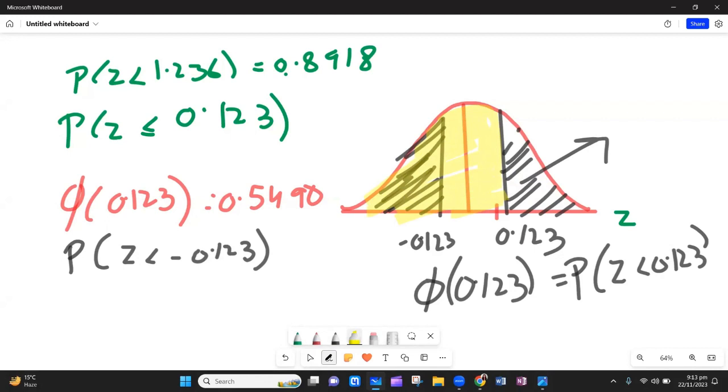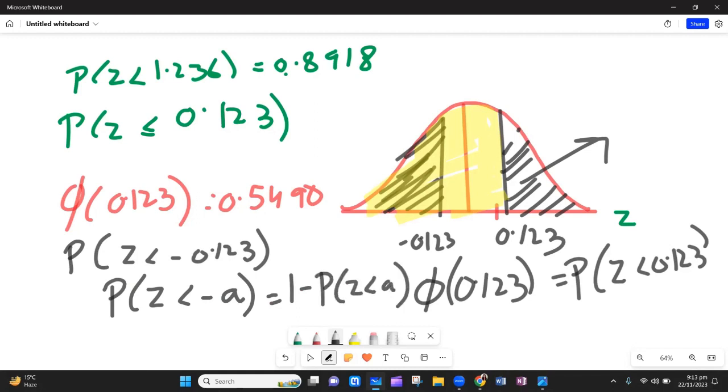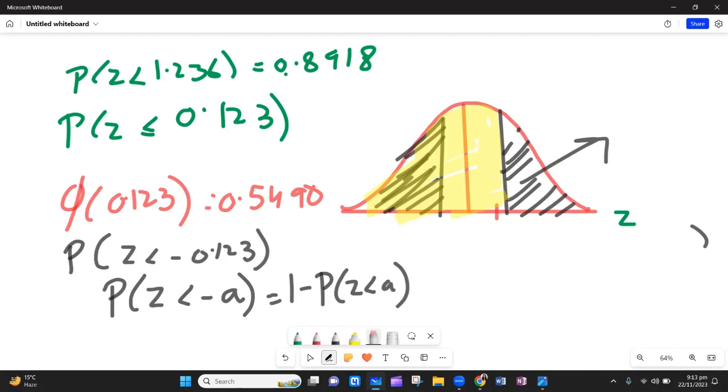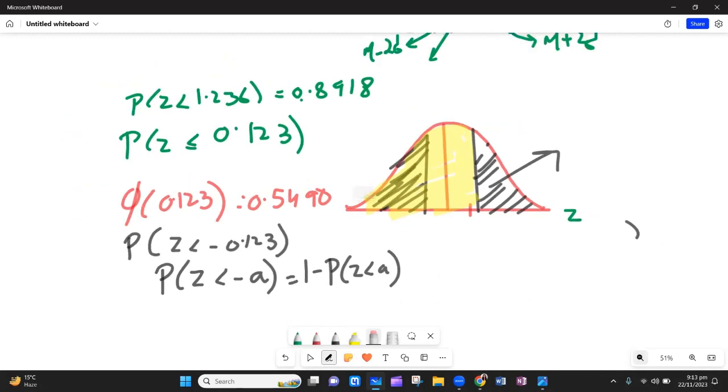So that means that if you have probability Z is less than, let's say, negative A, then that's actually equal to 1 minus probability Z is less than A. Remember this rule. Okay, so we have to do 1 minus probability Z is less than 0.123, which we already found earlier.